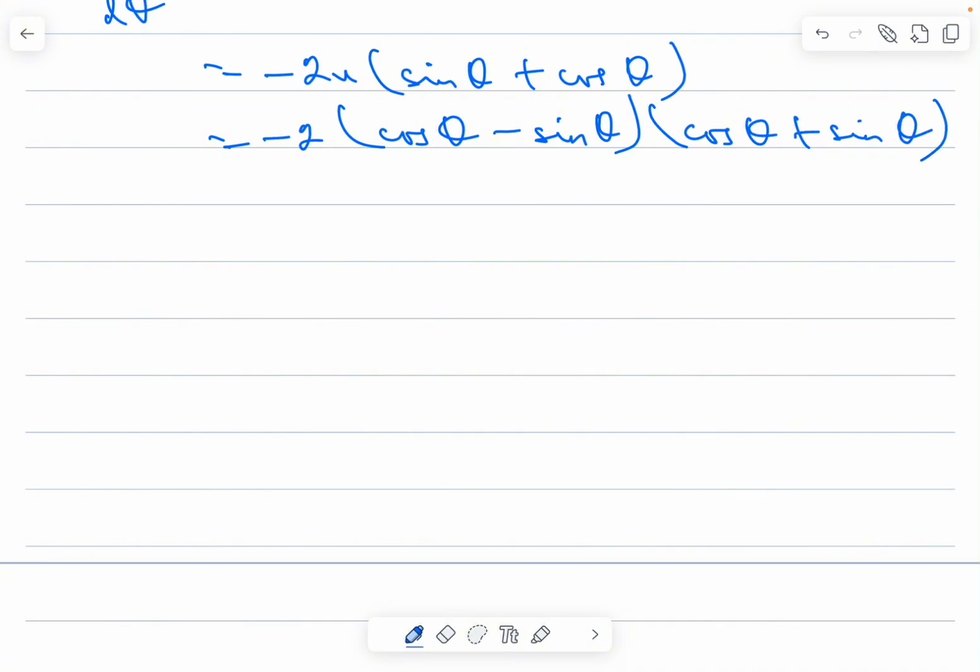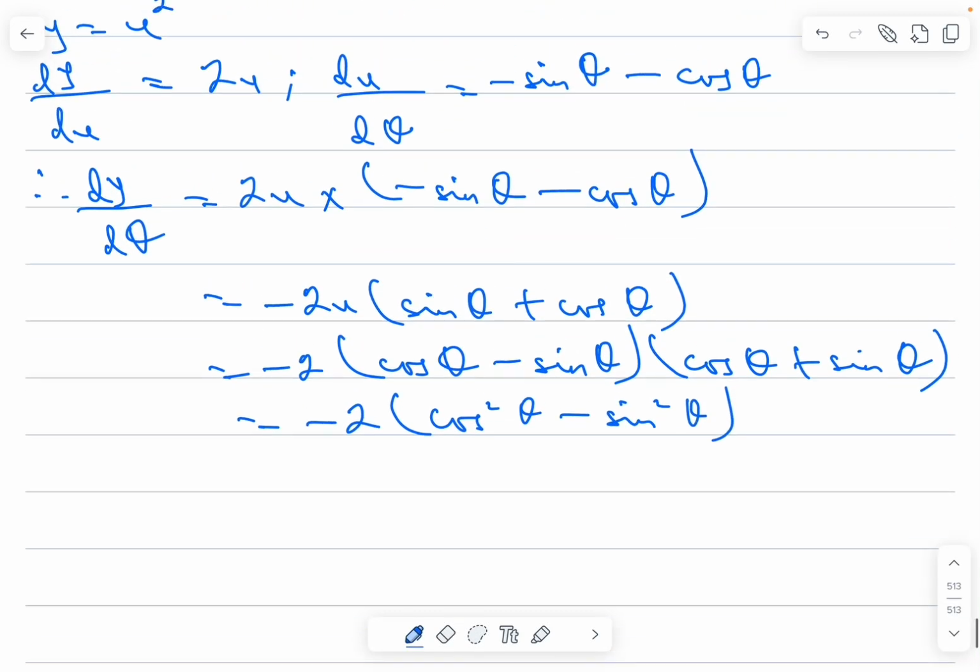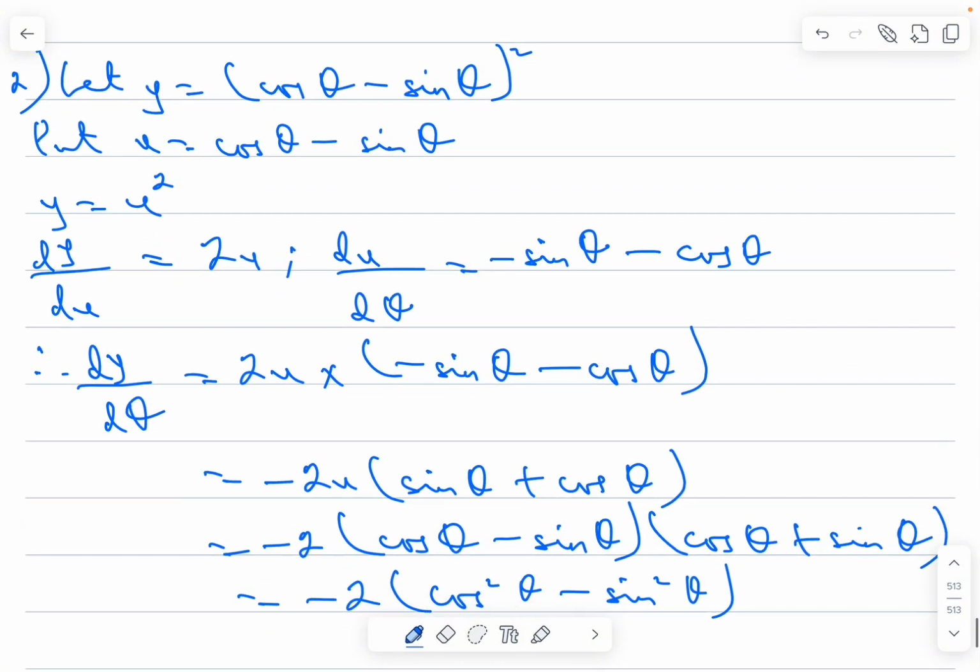And I can see that this is a difference of two squares. So that's the same as saying minus 2 into bracket cos square theta minus sine square theta. And that's the answer, very, very simply.